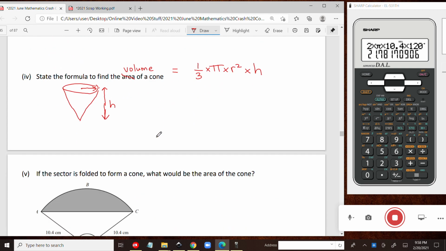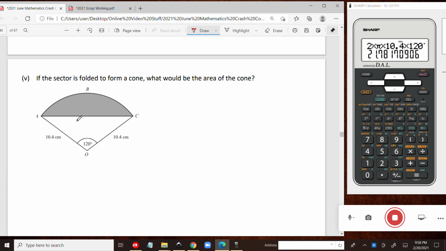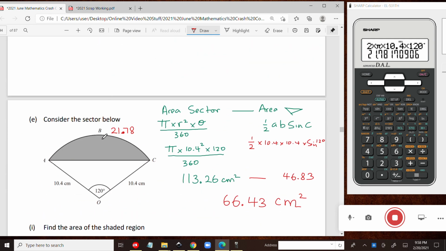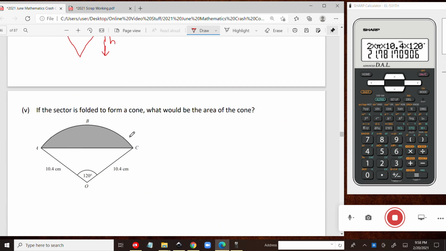So this question is going to build up to something. The same sector here, the one that we had up here, where the curved part was 21.78. But if you take a sector, that's the shape in front of you, and you fold it, you will actually get a birthday hat, a cone.